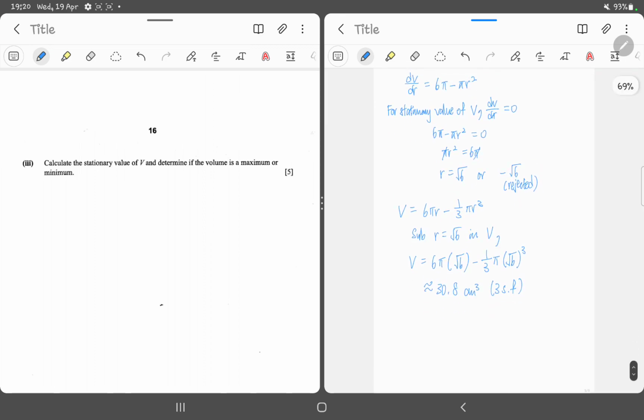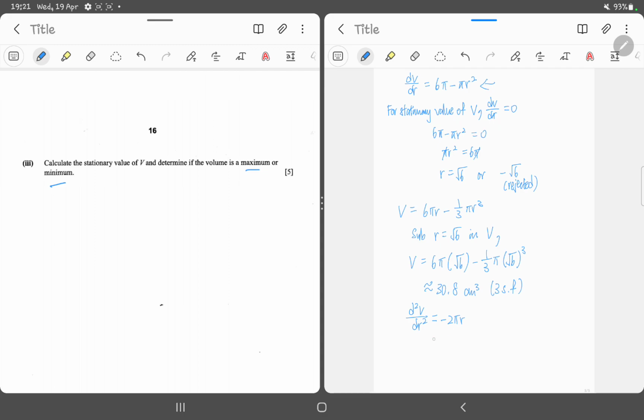Now we have the stationary value of V, but we need to know whether it is a maximum or a minimum. Because dV/dr is quite a simple expression, I wouldn't suggest the first derivative test. You can use the second derivative test. d squared V over dr squared equals minus 2 pi r.